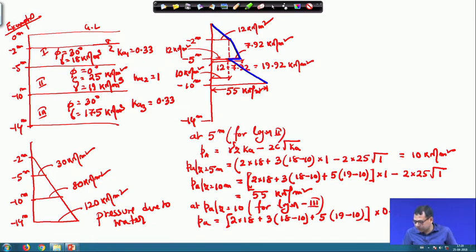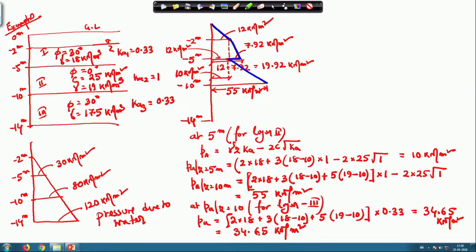Okay. So, this value is 34.65 kilonewton per meter square, multiplied by 0.33.